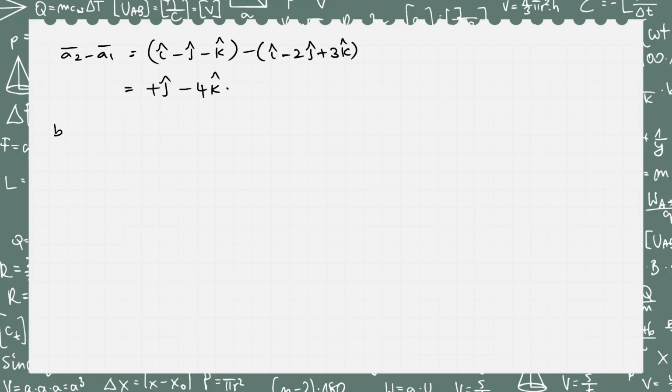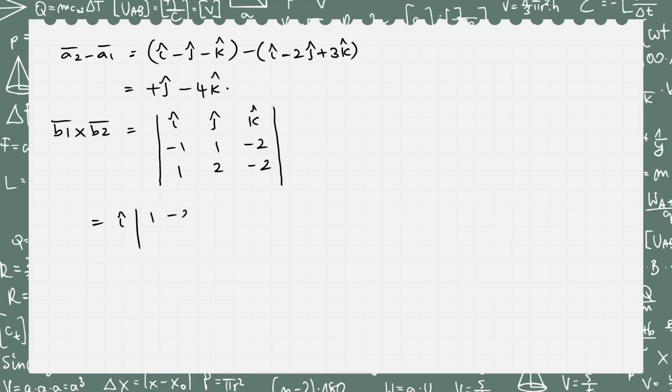Now we need to find b1 cross b2, which is obtained by finding the determinant of i, j, k. The coefficients of the b1 vector will be minus 1, 1 and minus 2, and the coefficients of the b2 vector will be 1, 2, minus 2. Expanding this determinant, we get i into the minor of i, which is 1 minus 2, 2 minus 2, minus j into the minor of j, which is minus 1 minus 2, 1 minus 2, plus k into the minor of k, which will be minus 1, 1, 1, 2.